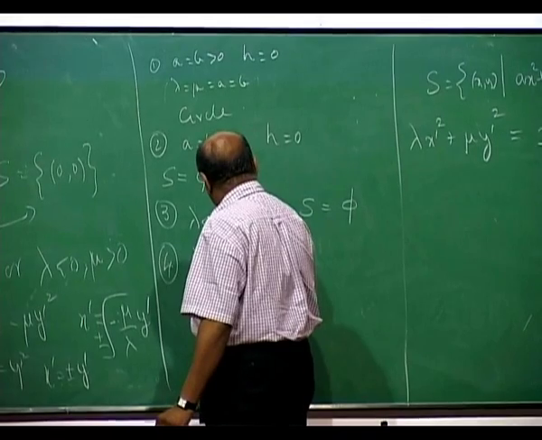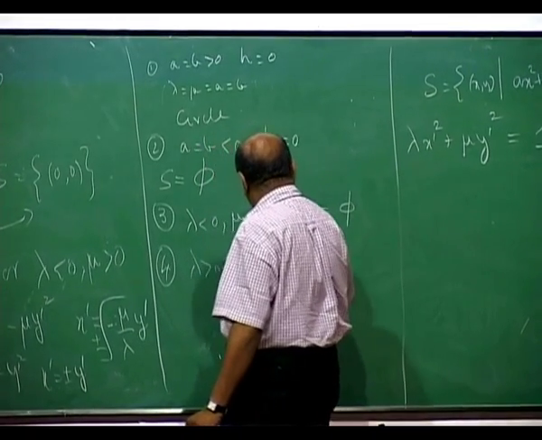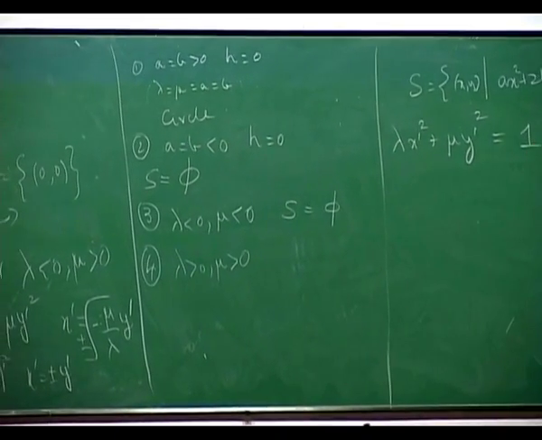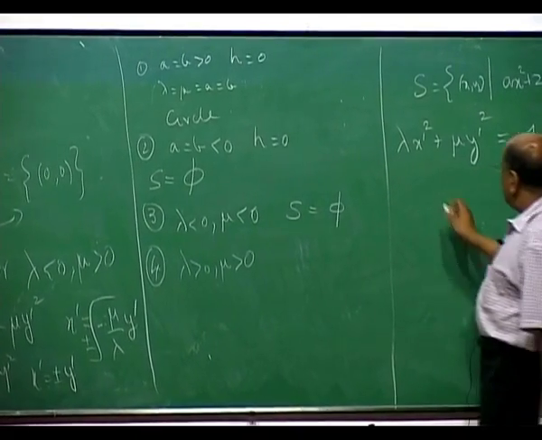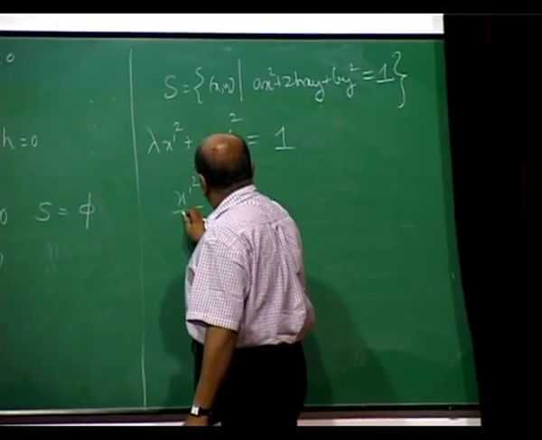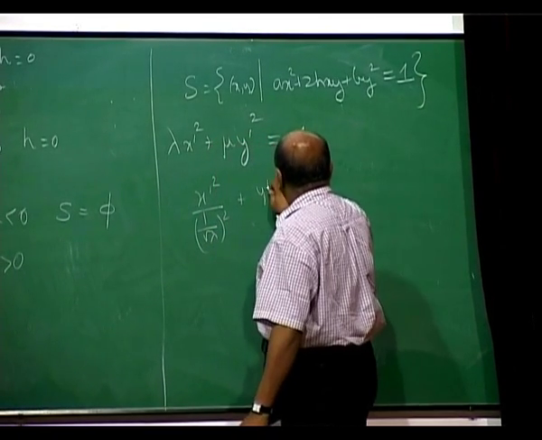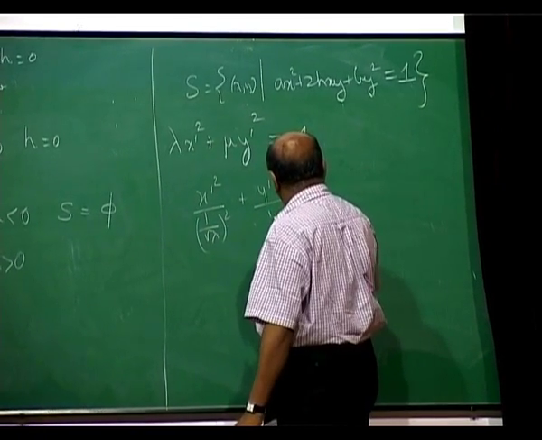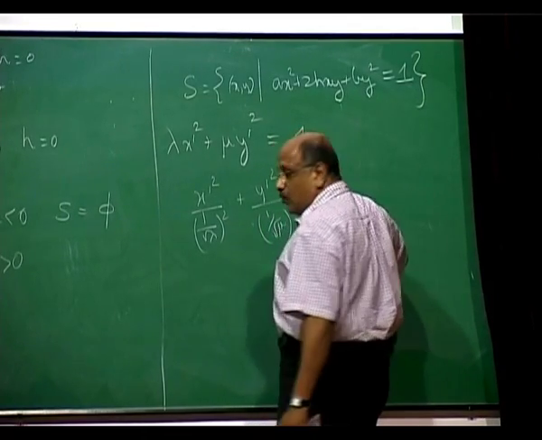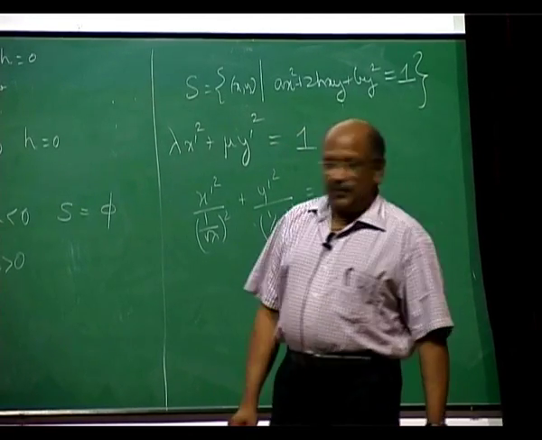If lambda is bigger than 0 and mu is bigger than 0, then this equation is precisely x dash square by (1 by root lambda) whole square plus y dash square by (1 by root mu) whole square equal to 1, and that is an ellipse.